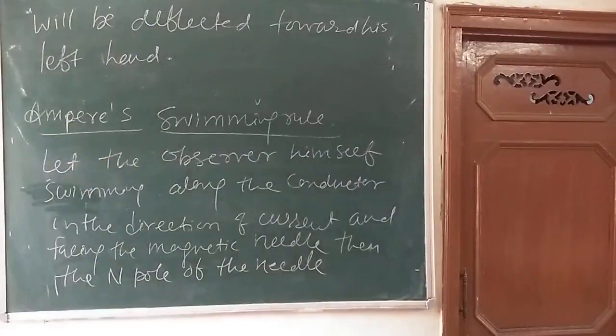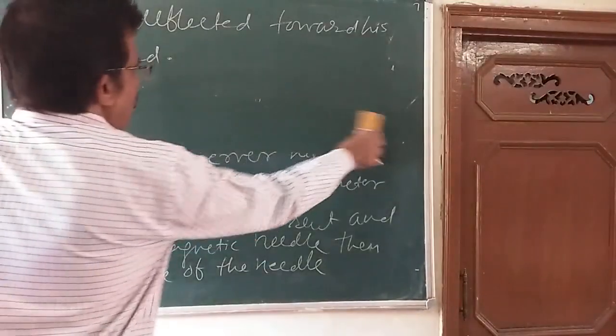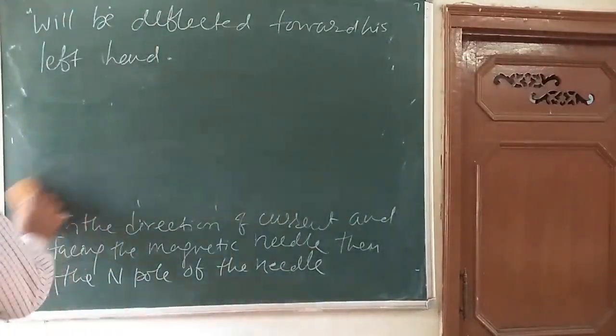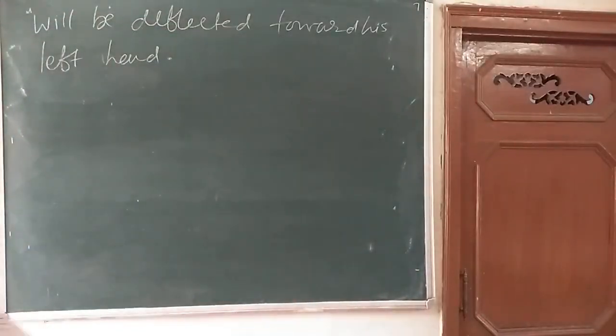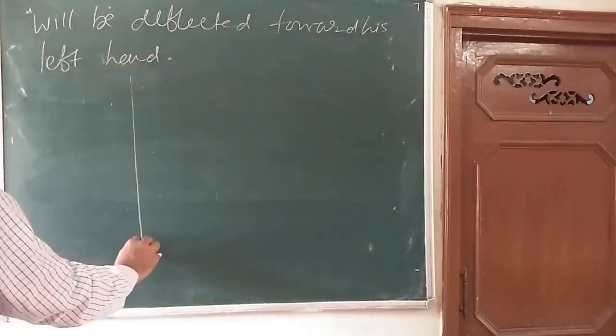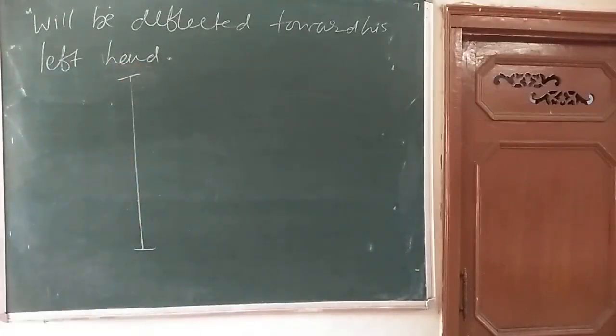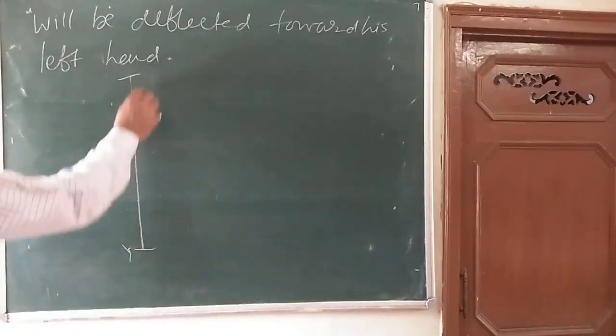Here is Ampere's swimming rule, in which the observer is swimming along the direction of the current. I can explain again here. Here is a conductor, say YX.